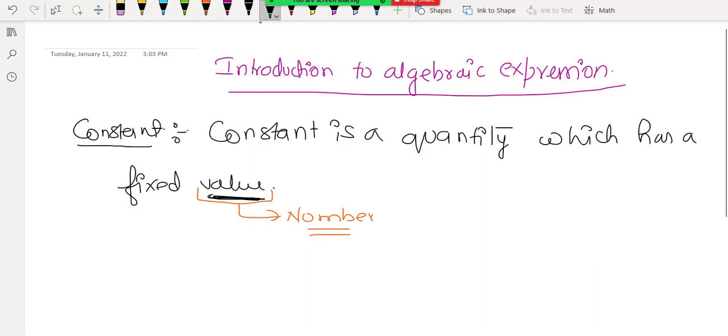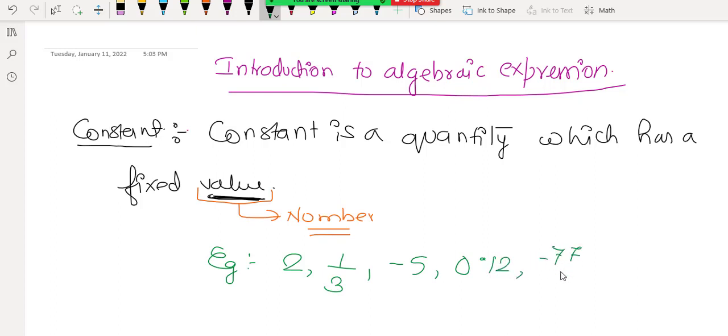The symbol that we use for numbers is known as numeric symbol. Examples of constant are 2, 1 by 3, -5, 0.12, and -77 by 6. These are all numbers.